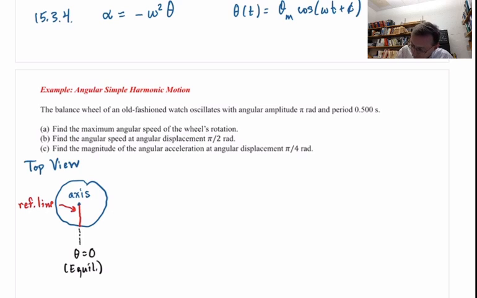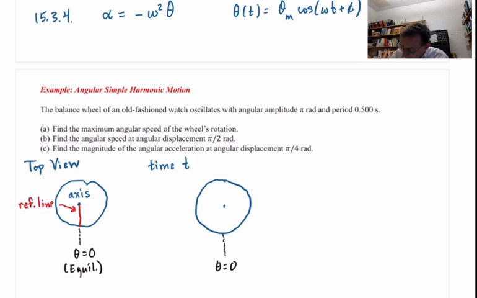So at some time t, that reference line on the wheel, compared to where theta equals 0 is, will have turned. And you can talk about that angle, theta, at time t.